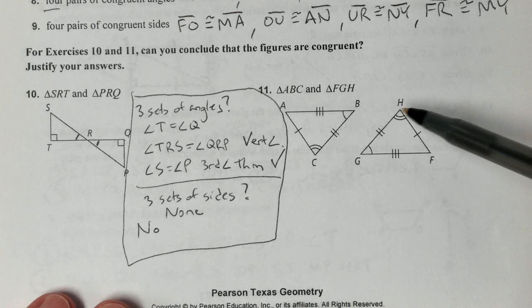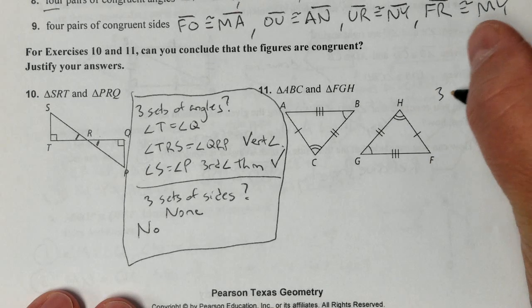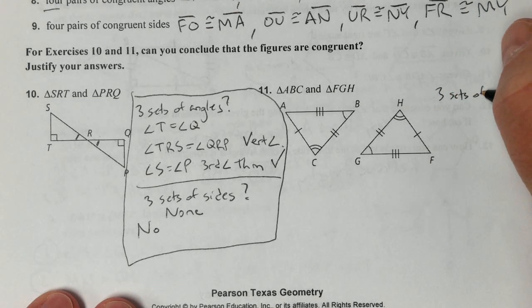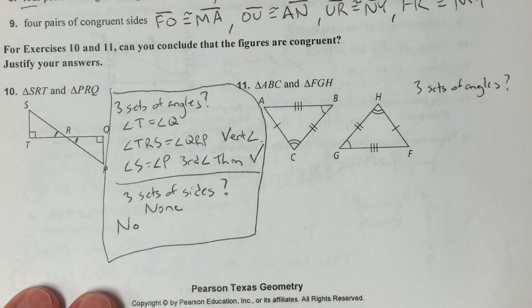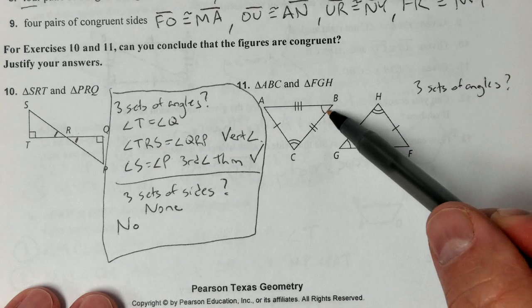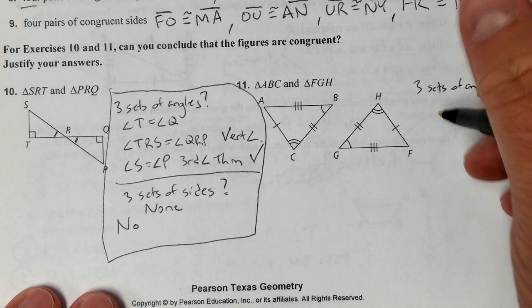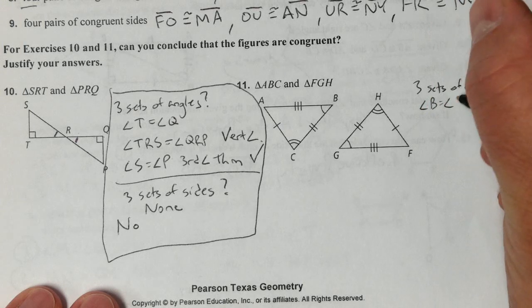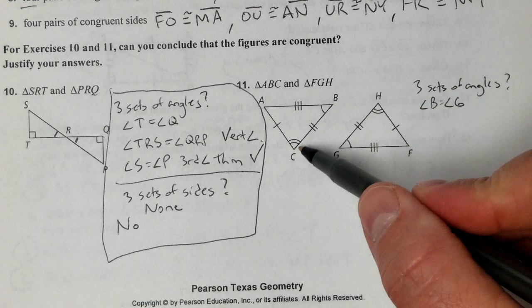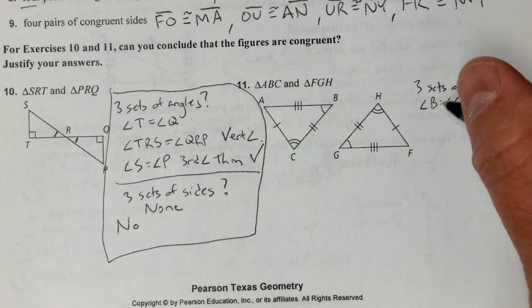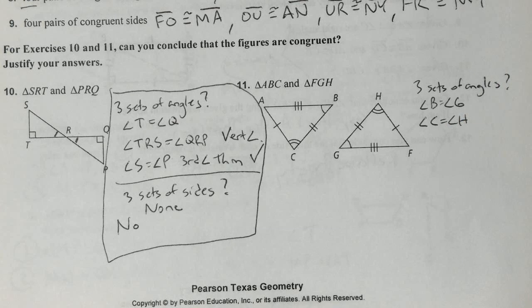Okay, this one, let's start with talking about our 3 sets of angles. So we know that B and G go together and they have 1 mark, and we know that C and H go together because they have 2 marks.